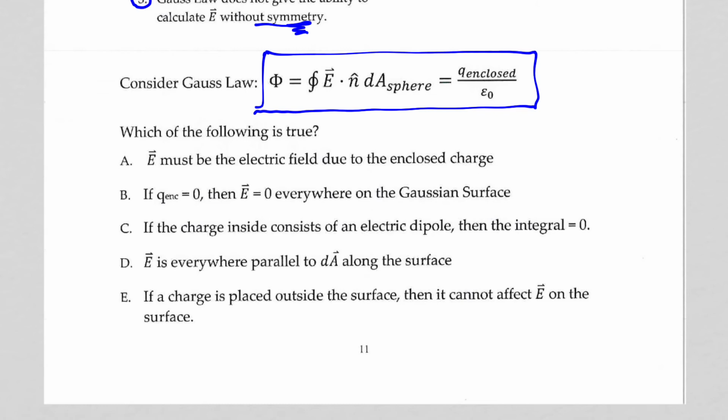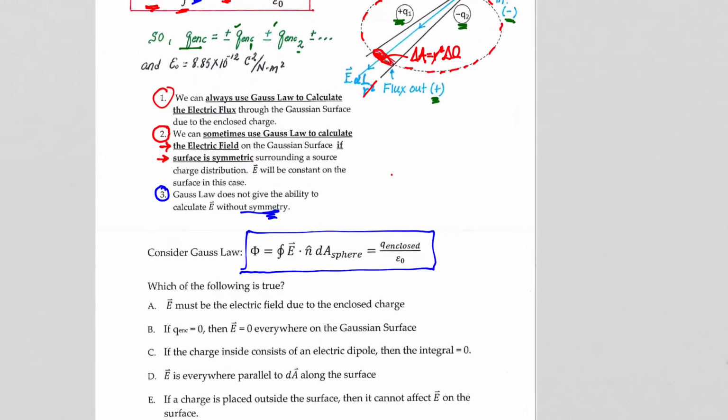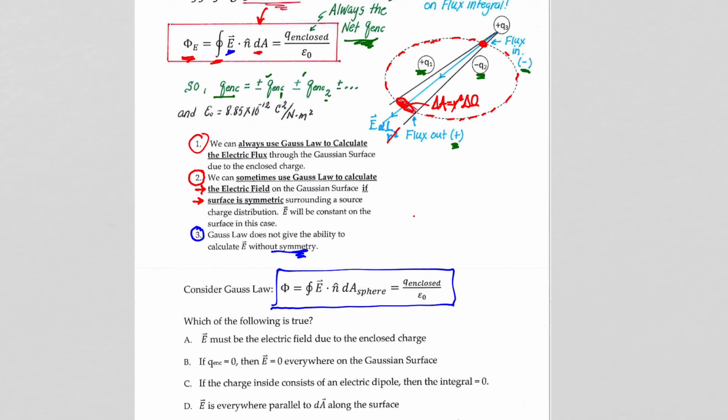Well, the electric field on the surface of the Gaussian surface is not only due to the enclosed charge. So the electric field in general at this point in space will be due to all three.